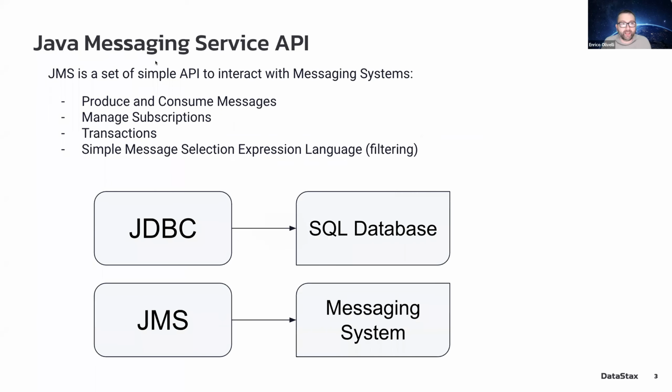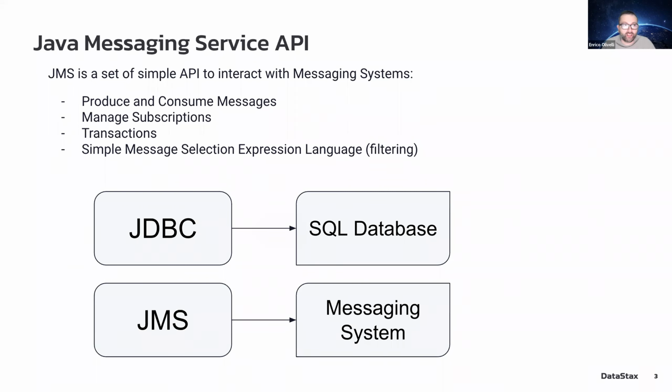So let's start. The Java Messaging Service API. JMS is really like JDBC. JDBC is the standard API for databases, so you can run your SQL queries and you can connect to SQL databases. And for JMS, it's the same thing. You can connect to messaging systems like Apache ActiveMQ and every kind of messaging system that supports this API.